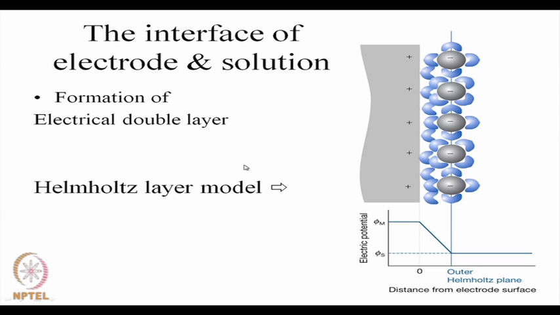Now let us look at the interface of electrode and solution. Always remember that the interface is the region of interest in many cases, because interface means it is the region of inhomogeneity. Suppose you have a solution of something, maybe say surfactant dissolved in water, and the concentration is less than its critical micelle concentration, then you may not expect any micelle in that solution.